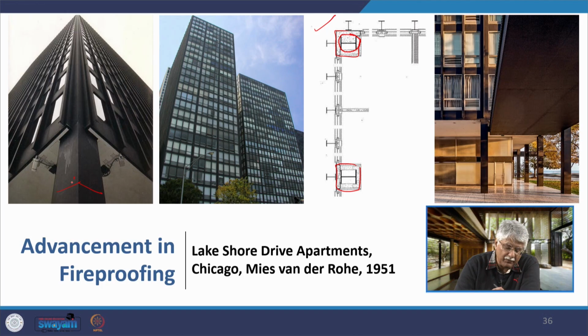This is that column, and the I sections in between, which are only acting as mullions, are not coming all the way to the ground. As you can see, they are dividing up and providing a rhythmic facade. They are not encased in concrete because they do not carry any load, and if they are destroyed in the fire, it does not lead to the fundamental destruction of the building.